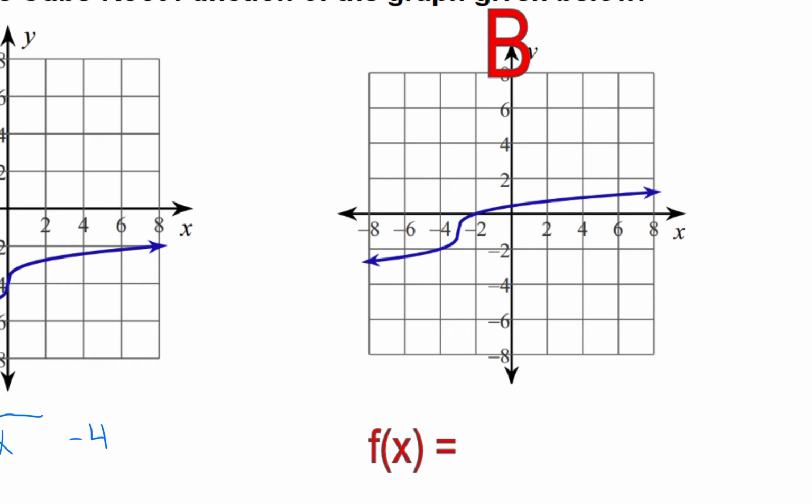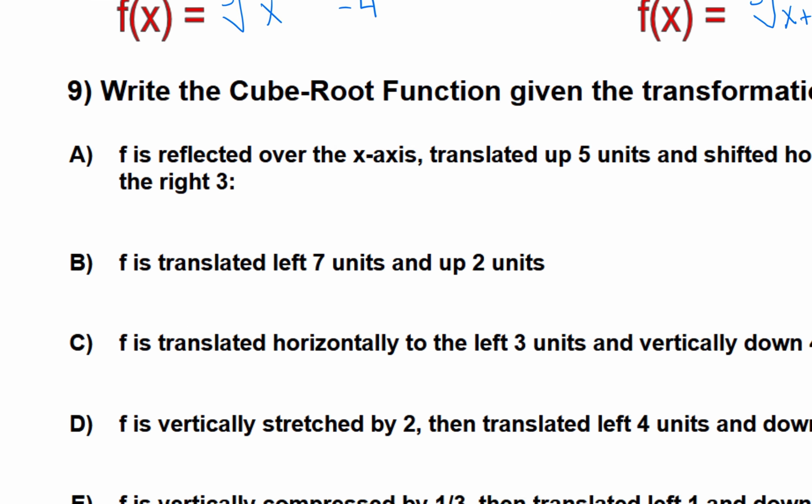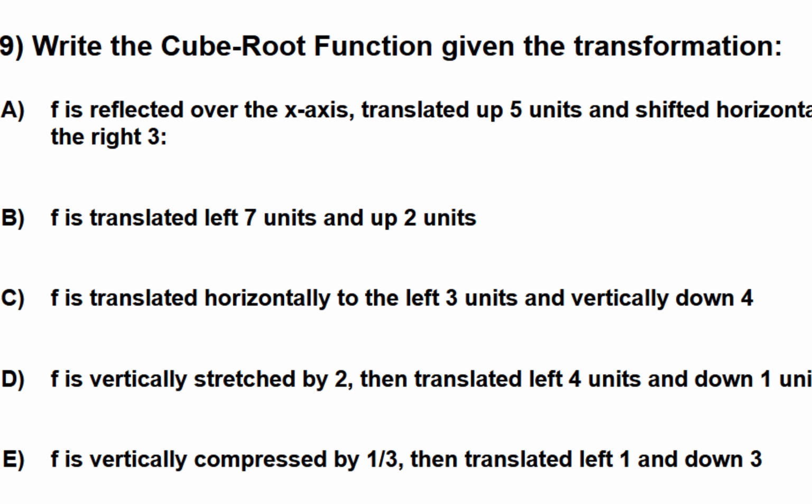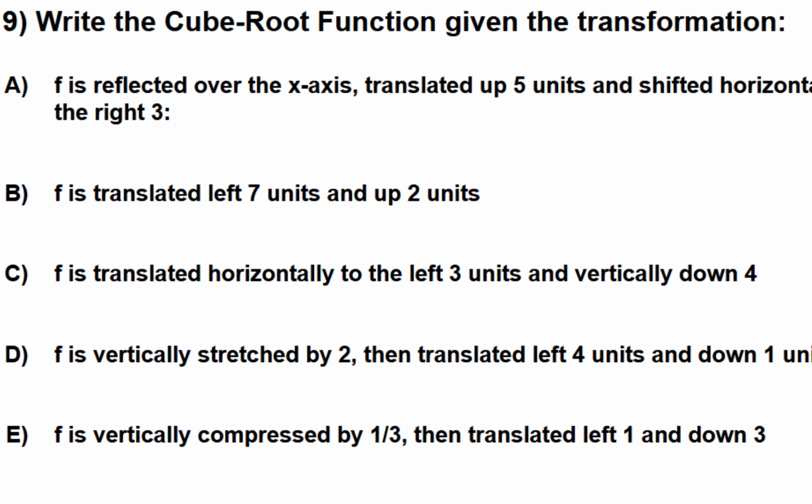Okay, so looking at this, my equation will be the cube root of x, and we shift it to the left by 3 units, so hence we have +3, and then we went down by 1, so -1, and that's my equation.